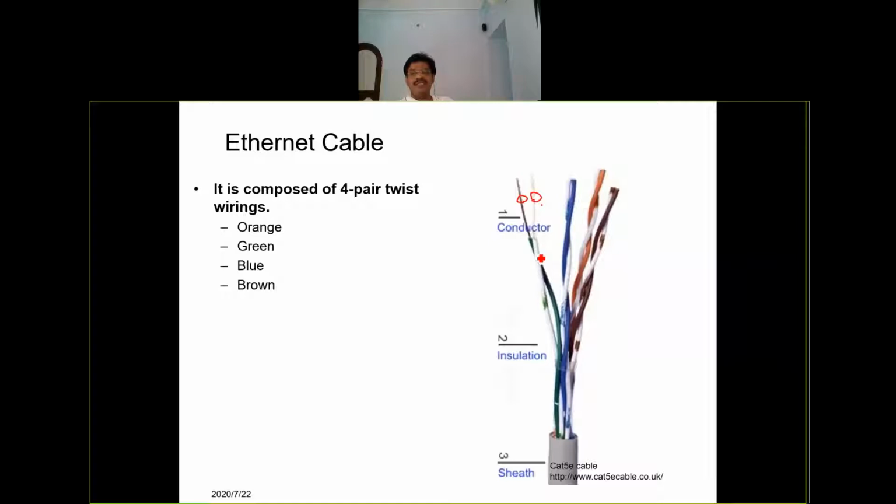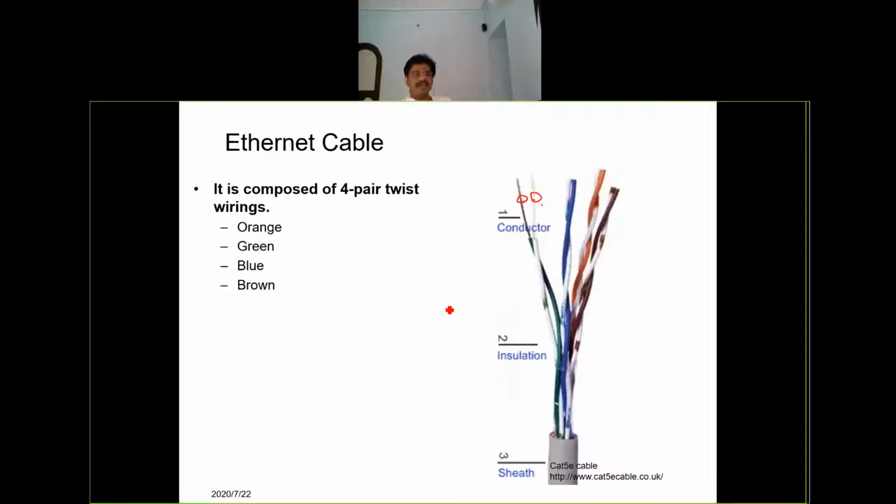This encasing separates or shields the two conductors from being shorted, that is also insulation. And the 4 pairs of conductors are inside a sheath. This sheath provides sufficient mechanical strength to the 8 conductors that are placed.